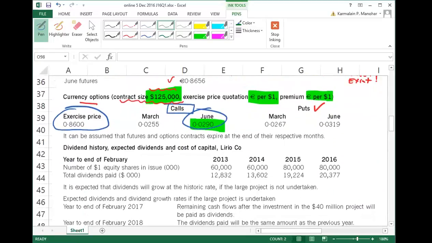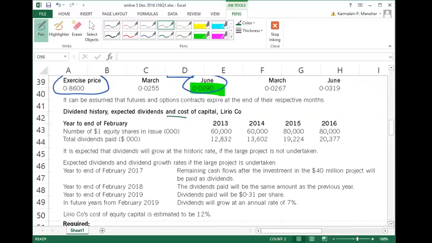Dividend history, expected dividends and cost of capital. So we have those issues, total dividends, dividends growing and so on. Expected dividends and dividend growth rates if the large project is undertaken. So this is for the project now. It's expected that dividends will grow at a historic rate if large project is not undertaken. So we can have the old growth, but coming back to describe what is dividend capacity?